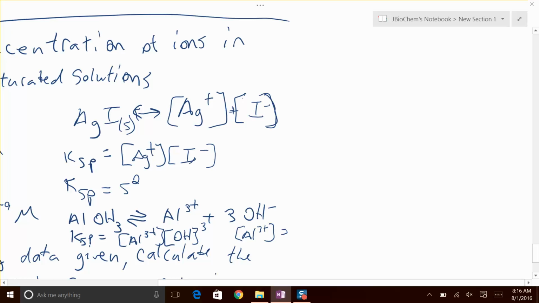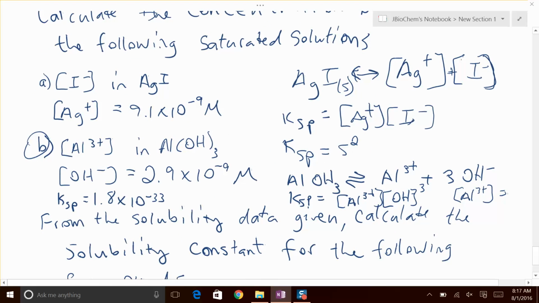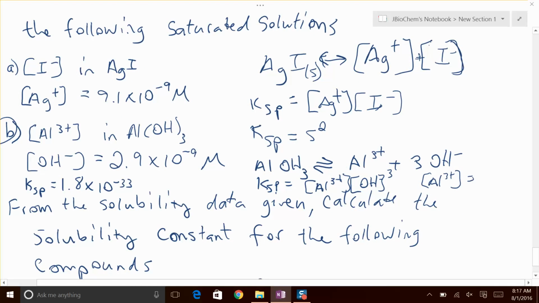Okay, so what are you guys getting for that? He took the cube root and cubed it, and neither of them work out right, so I have no idea. Okay, so the KSP here is equal to this times that, right? So if I divide KSP by OH minus cubed, that should be my answer.